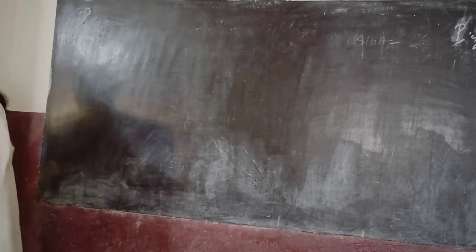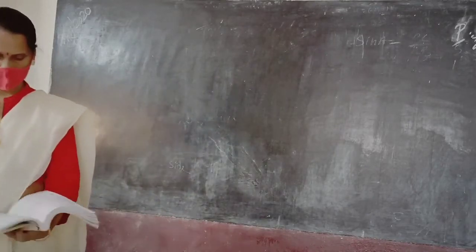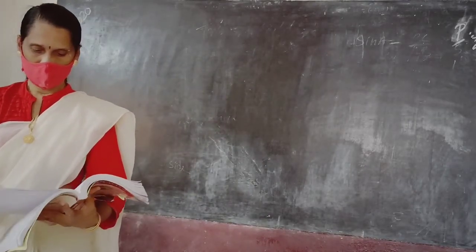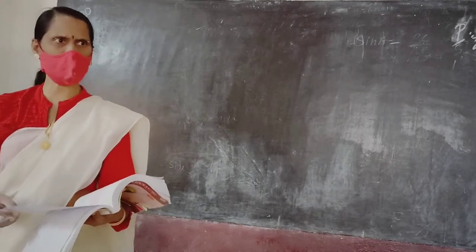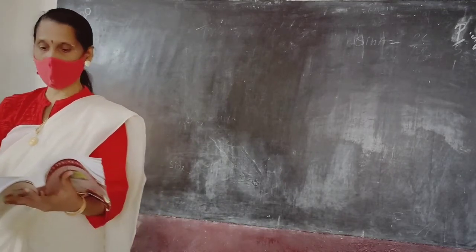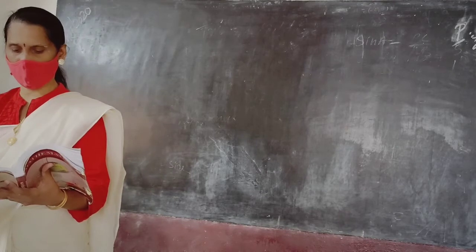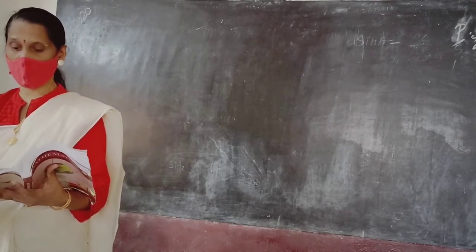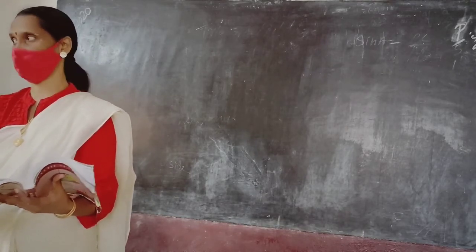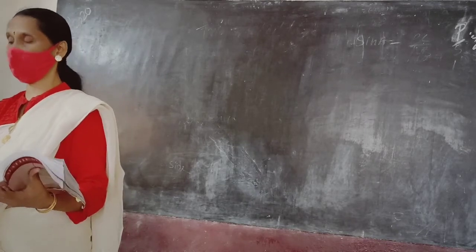Is there anything to discuss in this part? Here, questions like this come sometimes. For example: if tan A is equal to 3 by 4, then find the other trigonometric ratios of angle A. Like that it can come.